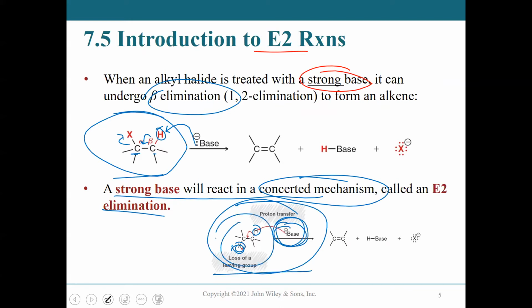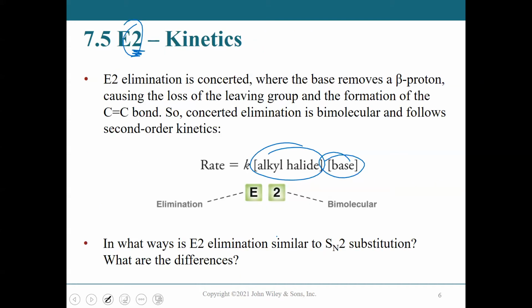If it depends on 2 species, it has to be bimolecular. What if it only depends on 1 species? Then it will be unimolecular. What if it depends on 3 species? Then it will be trimolecular. But in our case, we only have SN1 and SN2. E2 only depends on the substrate and on the base. That's why it receives the label of E2.